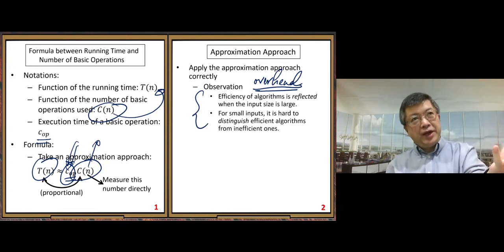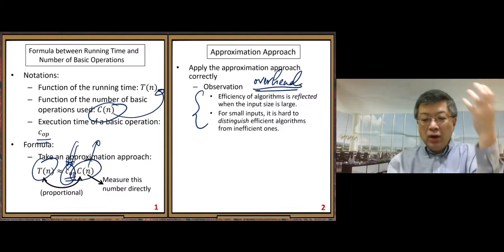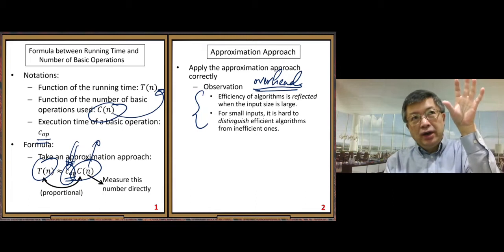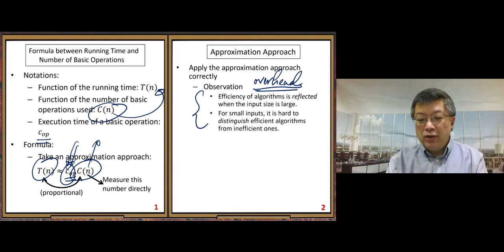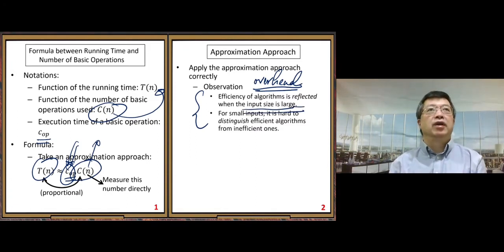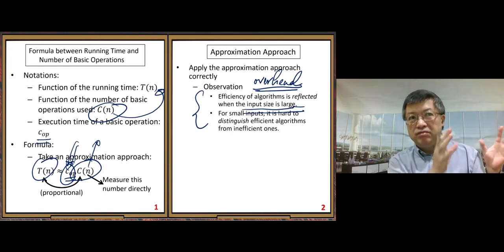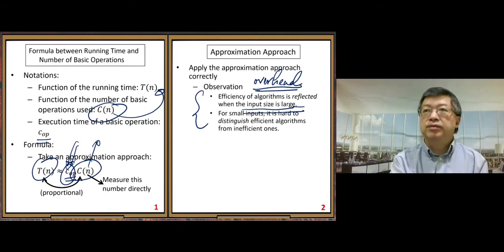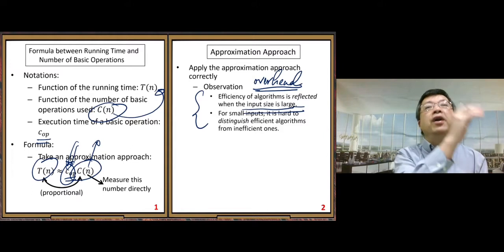So in one sentence to summarize efficiency of algorithm, when we look at whether an algorithm is efficient or not, it's better to look at it when the input size is large. We can skip the smaller size part, because that part is distorted by the overhead.